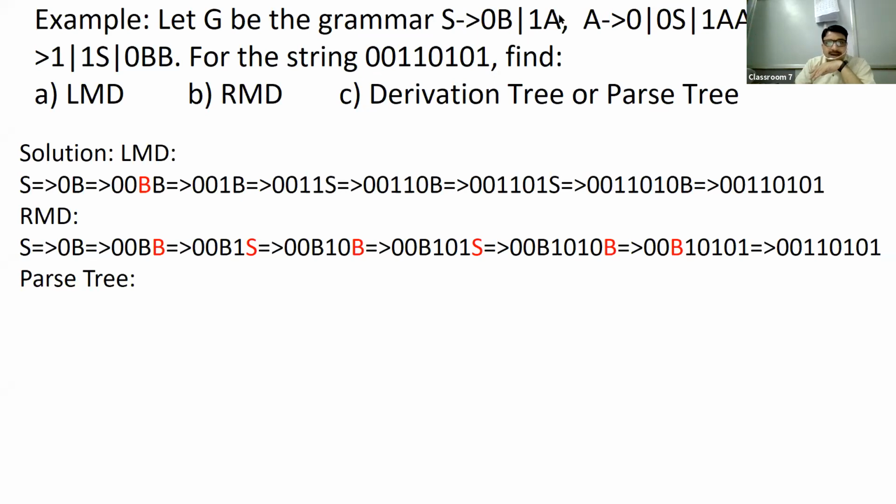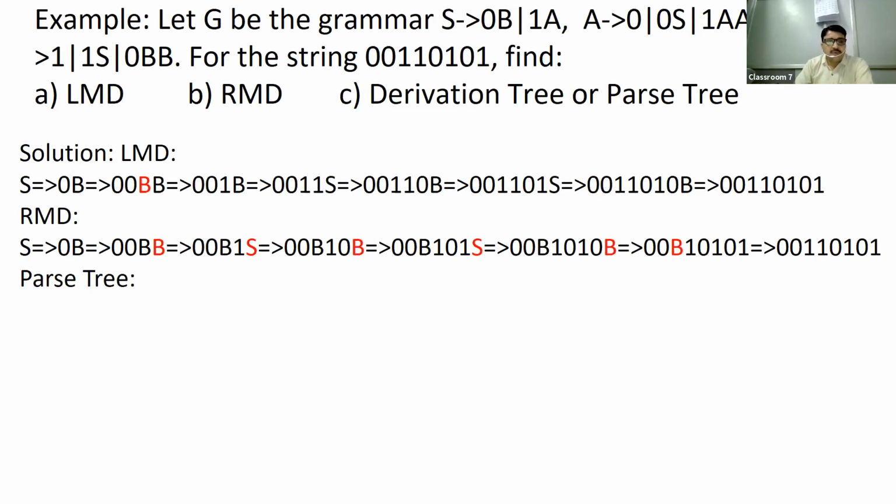So if we apply, suppose S to 1A, in this case on the left side you will find 1, but we require 0. So it means we can't apply this S to 1A production in this case. So we have to start with S to 0B. So you can see here, we start with S to 0B, right?